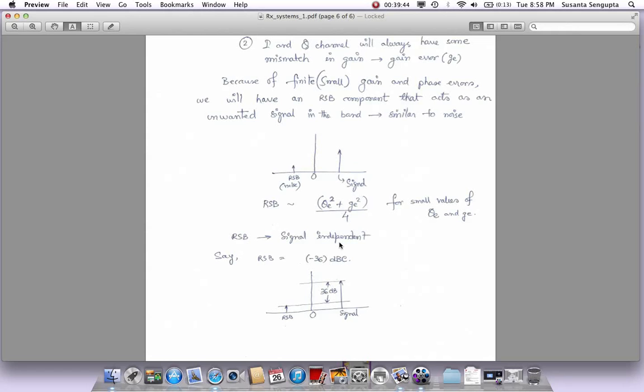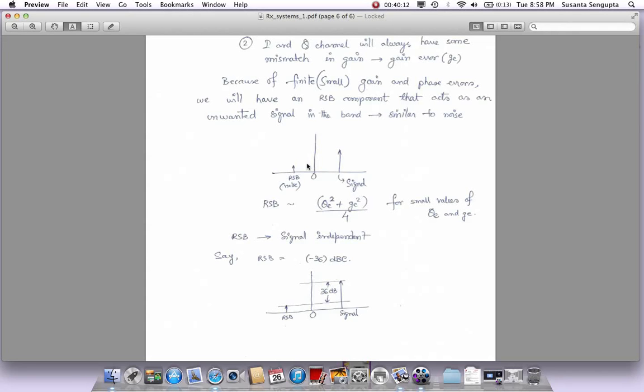So RSB is in a way signal independent, but there are different factors that come in when we switch gain, and when the signal gets stronger and the gain switching happens, all these numbers actually change. But in general, whatever the gain error is at that point between the I and Q channels, and whatever the phase error is, based on that we get an RSB component, and that little component acts as noise to another subcarrier which will be here.